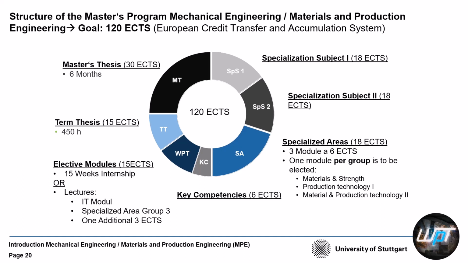The same idea more or less applies to the specialized areas. This is together with the key competences 18 plus 6 and 24 points ECTS grades for you to choose your, or to deepen your specific knowledge, to find your special knowledge or passion maybe in that field.